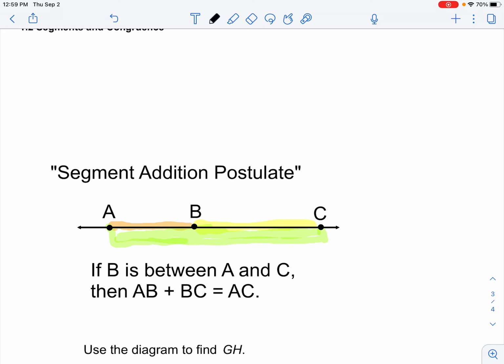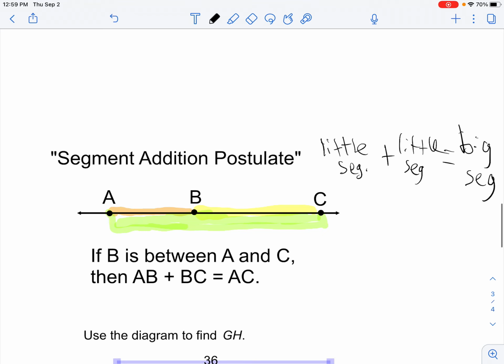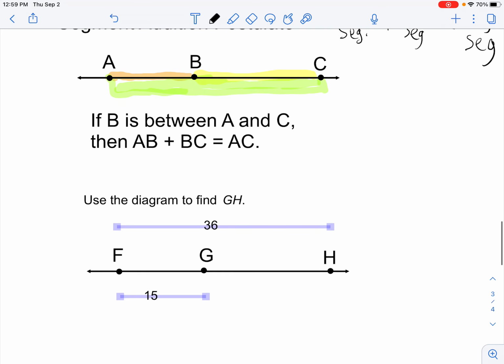I like to think about this as little segment plus little segment equals big segment, okay? AB plus BC equals AC. So we can use this to figure out missing information.